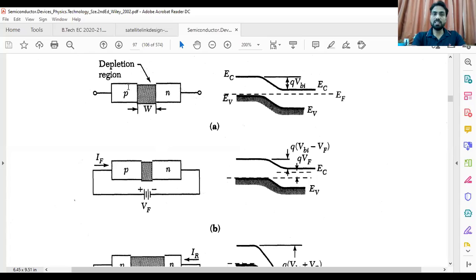If we look at this stage, what happens in terms of the energy band? We have the conduction band and the valence band, and this is very important. We talked about this phenomenon that in N-type material this has a lowering.